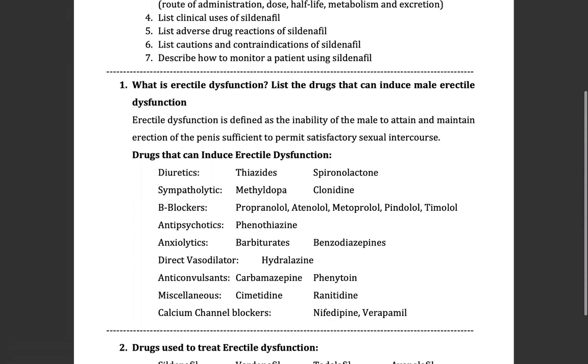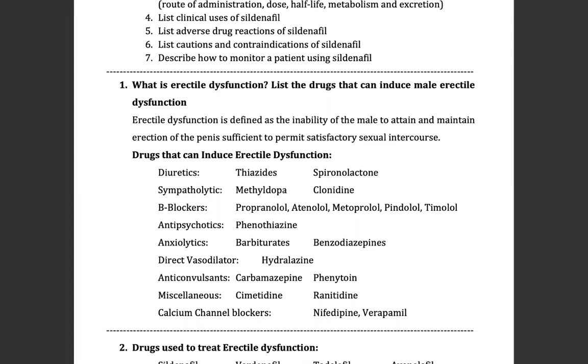Now, what are the drugs which are generally responsible and commonly used in older people, which are responsible for erectile dysfunctions? Generally, the first category is diuretics.